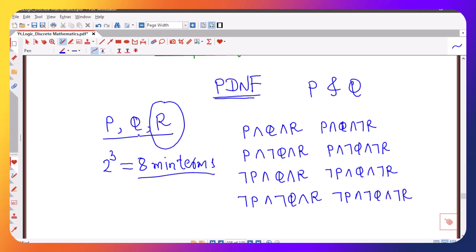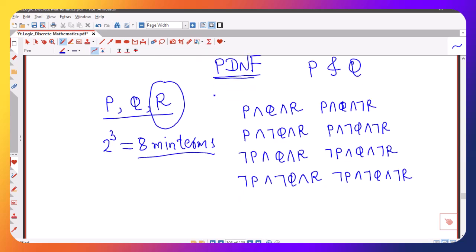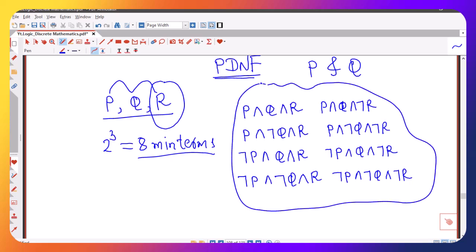So for three variables we have 8 min terms, and principal disjunctive normal form for a formula having three statement variables will be a disjunction of some min terms out of these 8 min terms, or we may have all the min terms in the disjunction, but disjunction of min terms only is our principal disjunctive normal form.